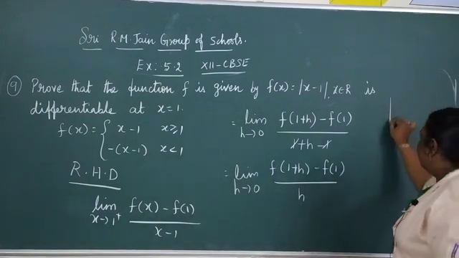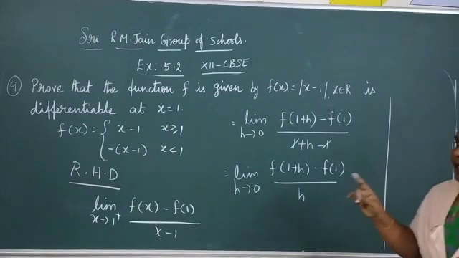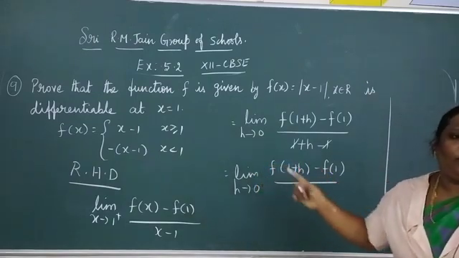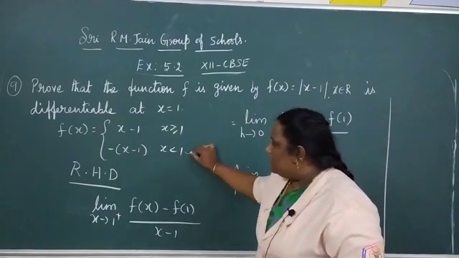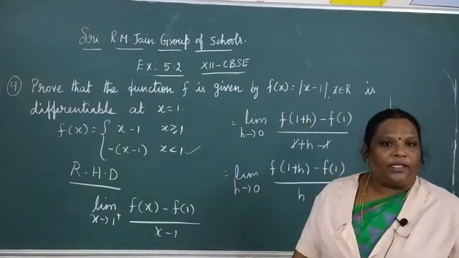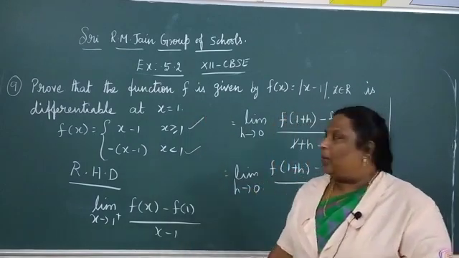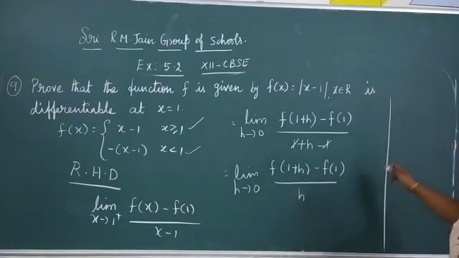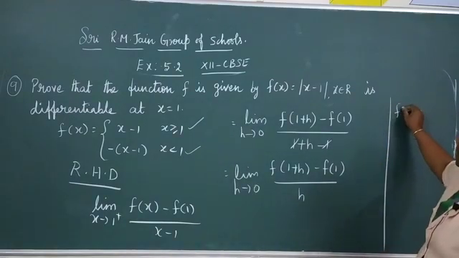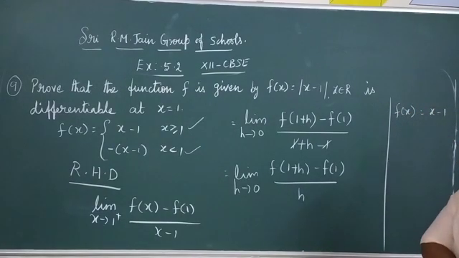See it in the rough work column, the same thing. What is my f of x here? Because this is the right hand derivative. For the left hand derivative we take x less than 1, the negative side. For the right hand derivative we take x greater than 1, where the value is x minus 1. So f of x equals x minus 1.